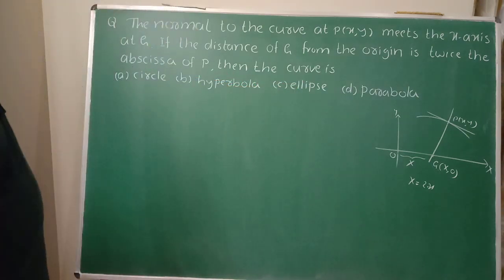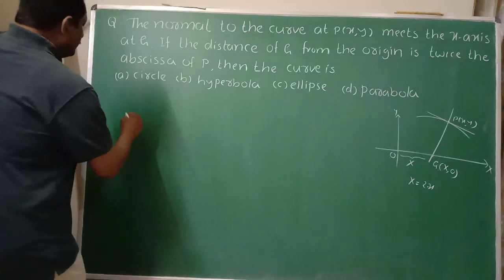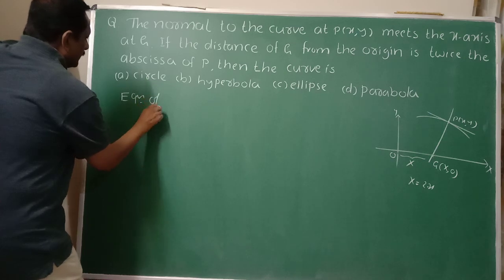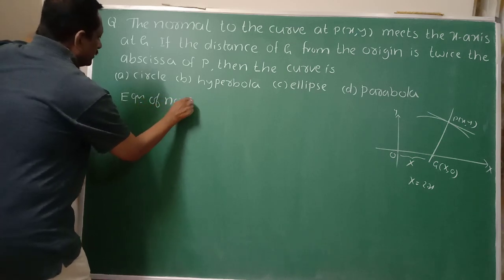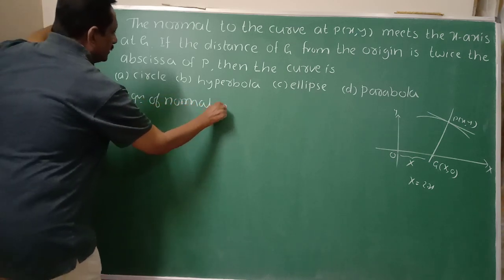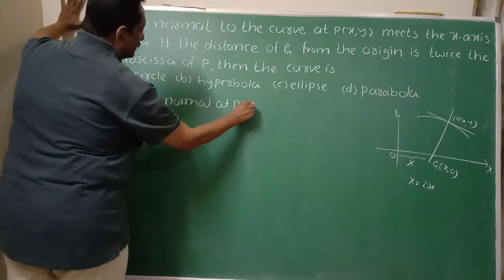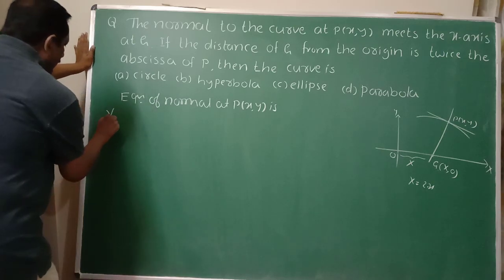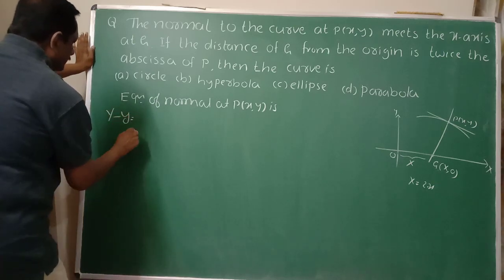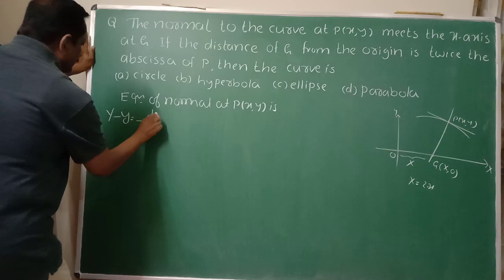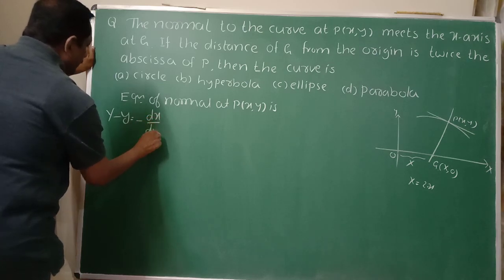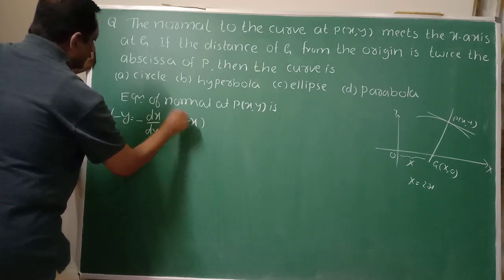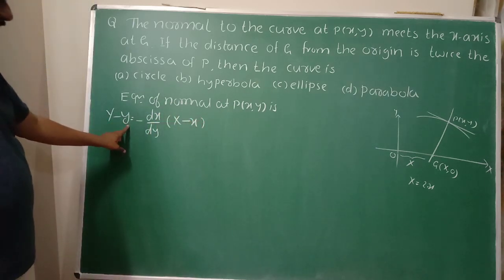Therefore the equation of the normal at the point P(x, y) is: Y minus y is equal to minus dx divided by dy into (X minus x).